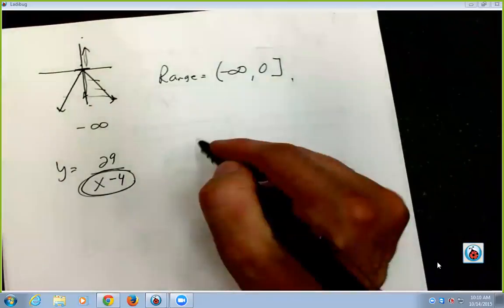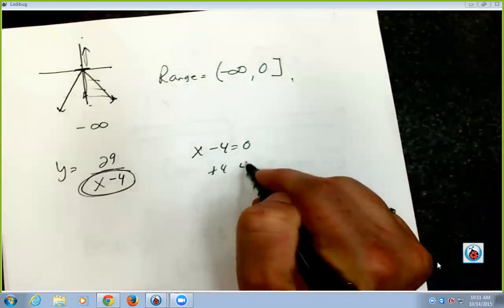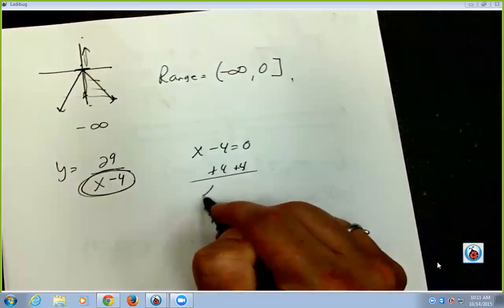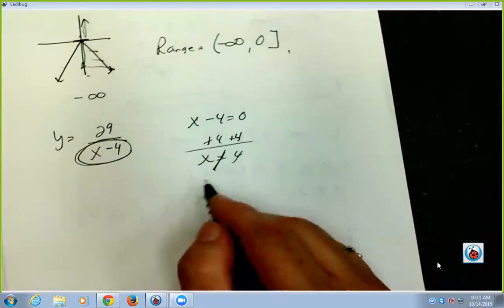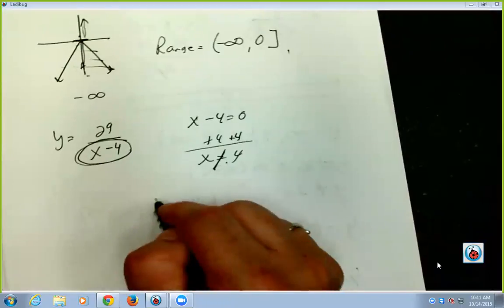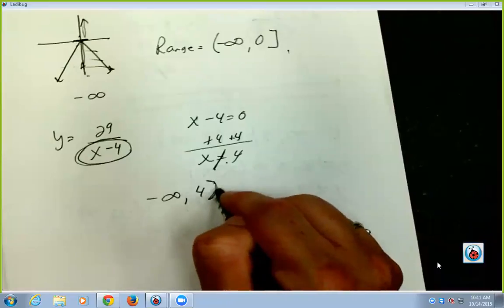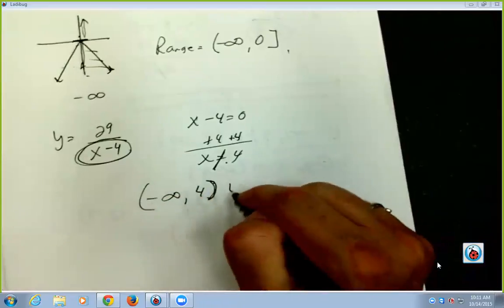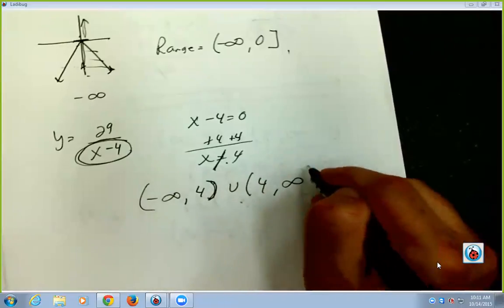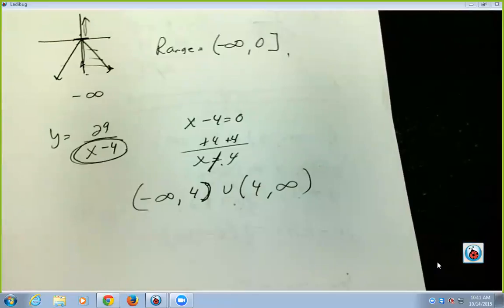So you set it equal to 0, and you solve for x, and you find x can never, ever equal 4. So you leave that 4 out of your interval notation, using parentheses, because that means I can never have 4. And you union it with 4 to positive infinity. Okay? Yep. And that, again, wasn't in there.